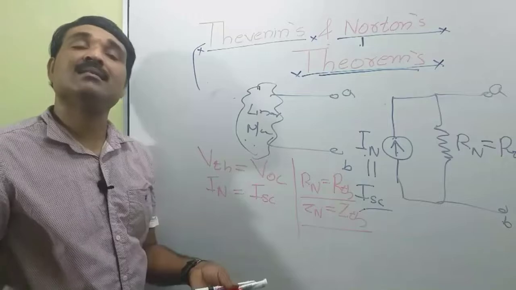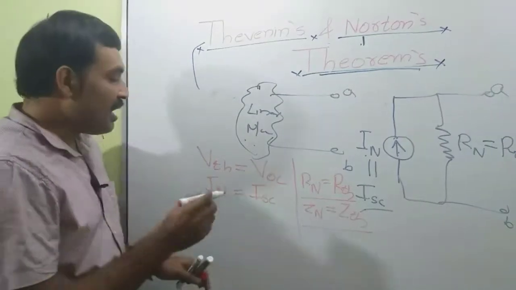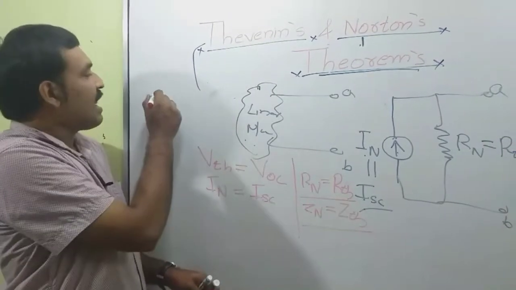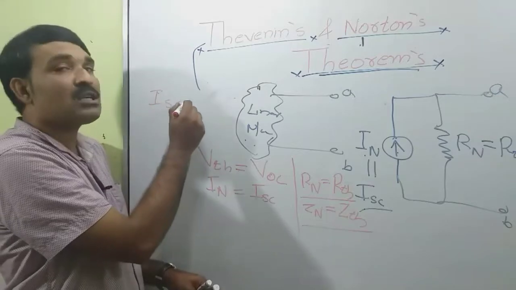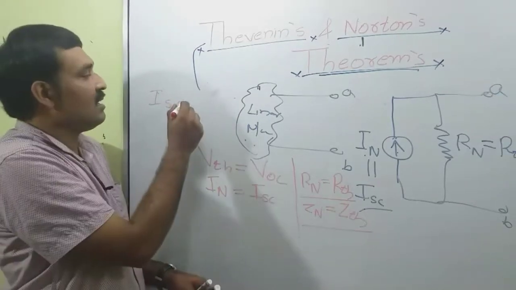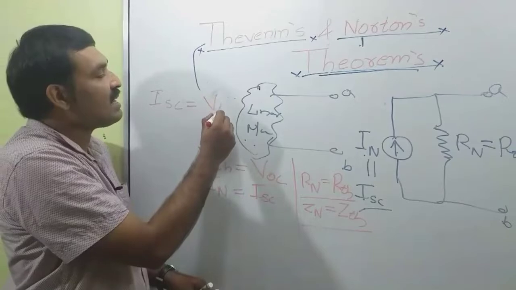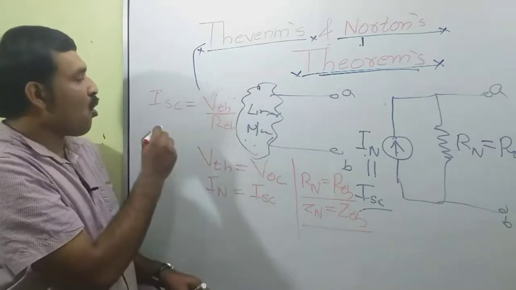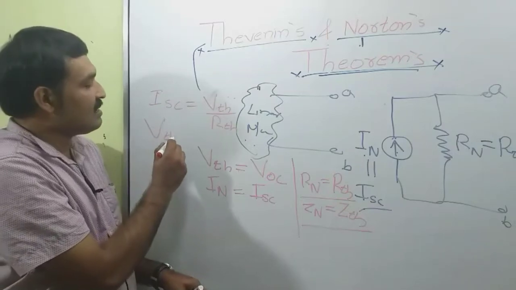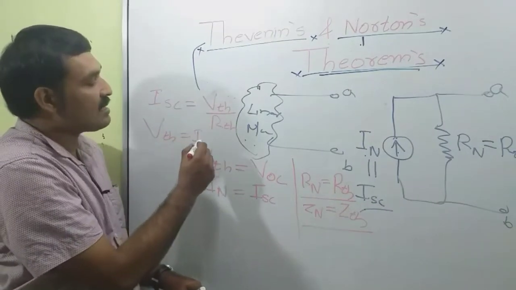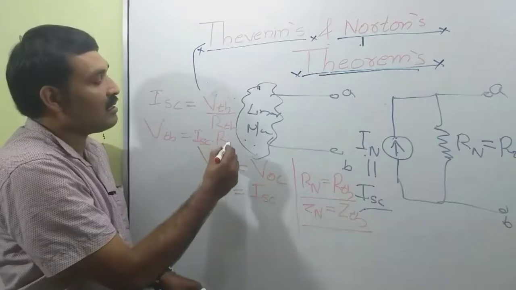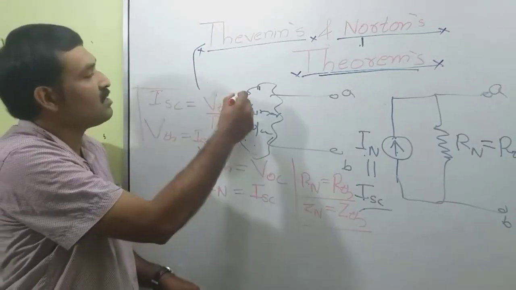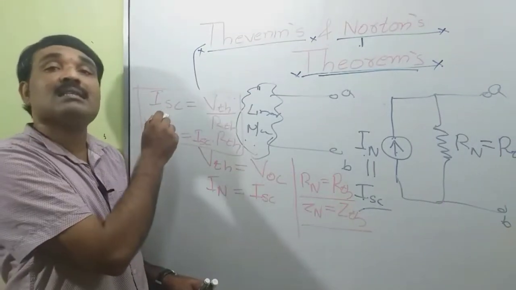Okay, resistance is replaced by impedance. Now ISC, the short circuit current, that is, Norton's current, is equal to VTH divided by RTH, or VTH is equal to ISC times RTH. So this is a relation between Thevenin's voltage and Norton's current.